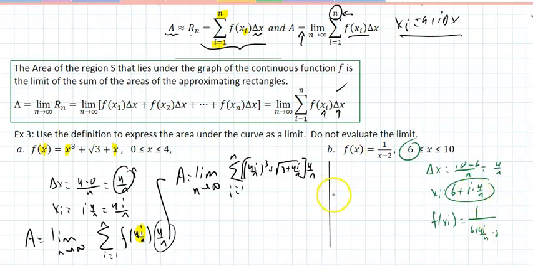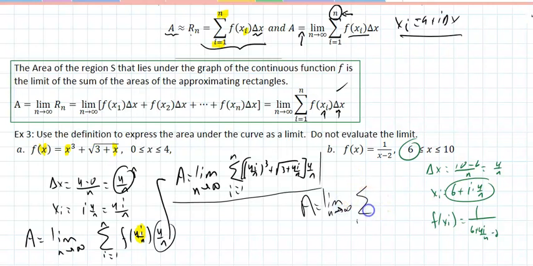So area is going to be the limit as n approaches infinity of the series i equals 1 to n of, if I simplify this, 1 over 4 plus 4i over n times delta x, and delta x is 4 over n.